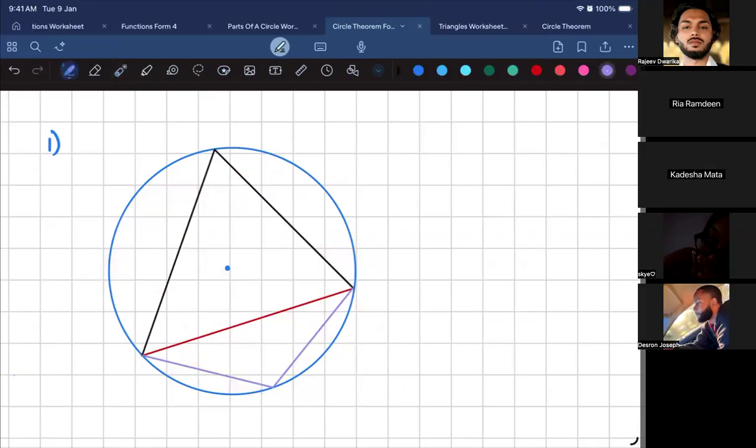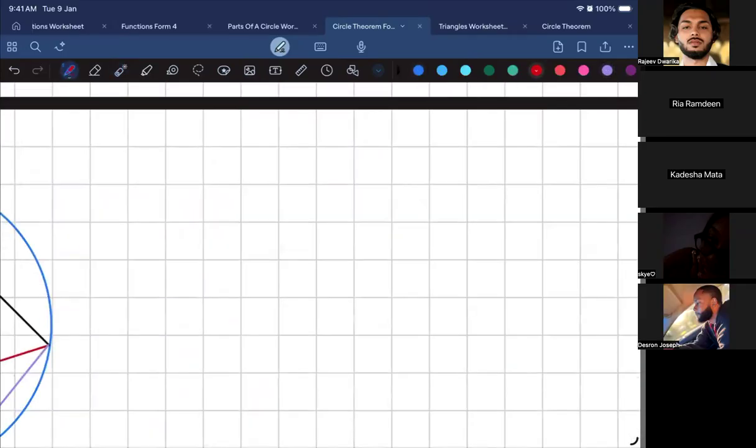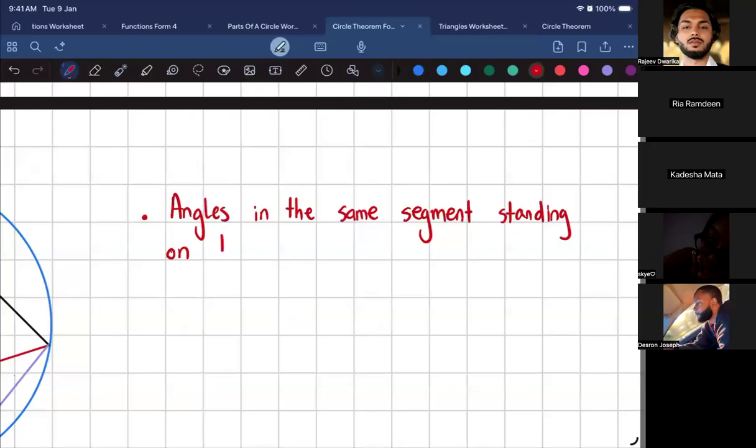Let me write what the rule was, right? So the rule says that angles in the same segment standing on the same arc or chord are equal.